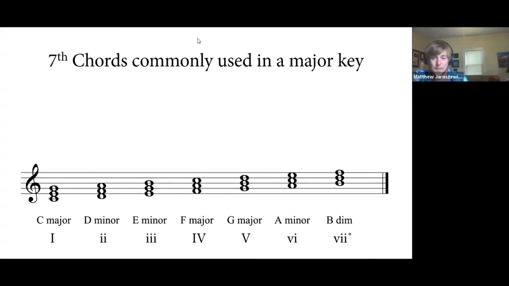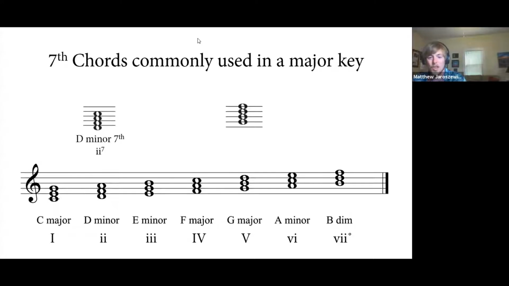Namely, those are going to be the D minor 7th chord. If we encounter one of those, we'll analyze it with a Roman numeral 2, lowercase, with a superscript 7 next to it.